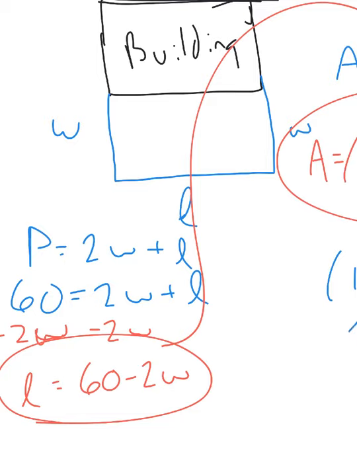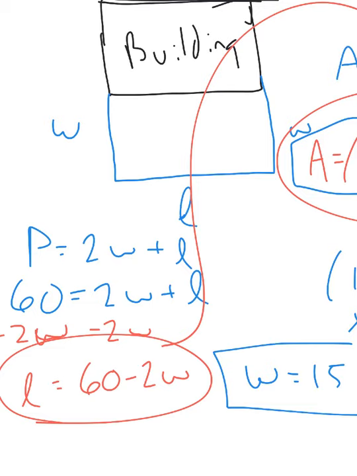Remember the x value, right? Our x value in this equation is really our width. And our y value, if we think about it, is our max area. So let's go back and look at the question. It says, find the dimensions to give the greatest area. So yes, 450 is our greatest area, but really we're concerned with the dimensions. So width, I know, is 15 from this right here.